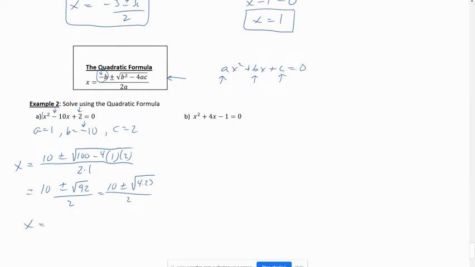So that gives us x equals 10 plus and minus 2 root 23 all over 2. Or in other words, x equals 5 plus and minus root 23. So I divided the 2 into both of these and got 5 plus and minus the square root of 23. Go ahead and pause your video and try example B.